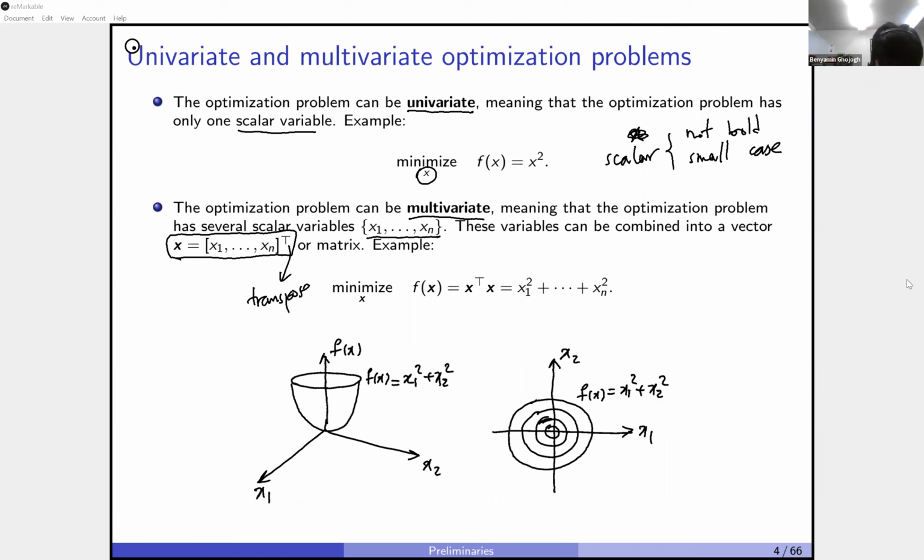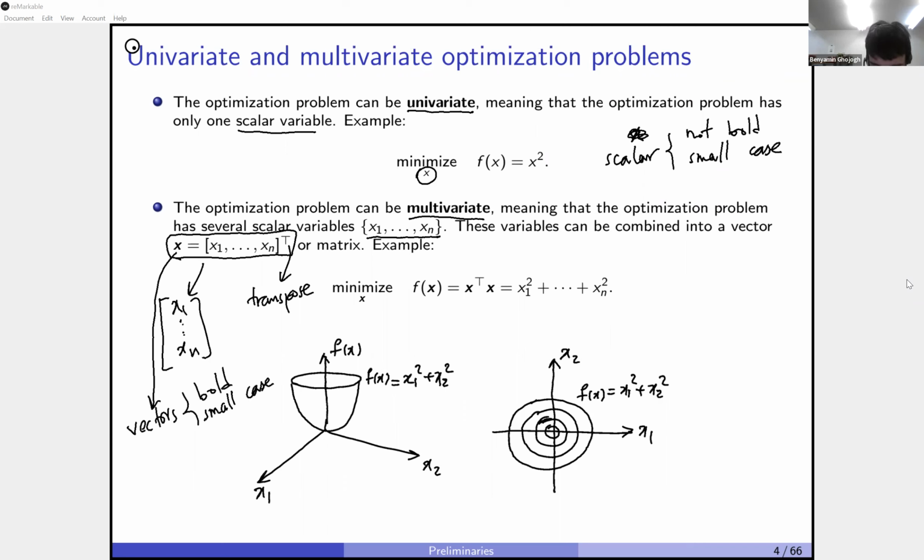This is this vector, x1 to xn. And when I want to write it in a line, I usually put it row-wise, and I put a transpose, which means that it is a column vector. And I usually show vectors bold, and with a small case.